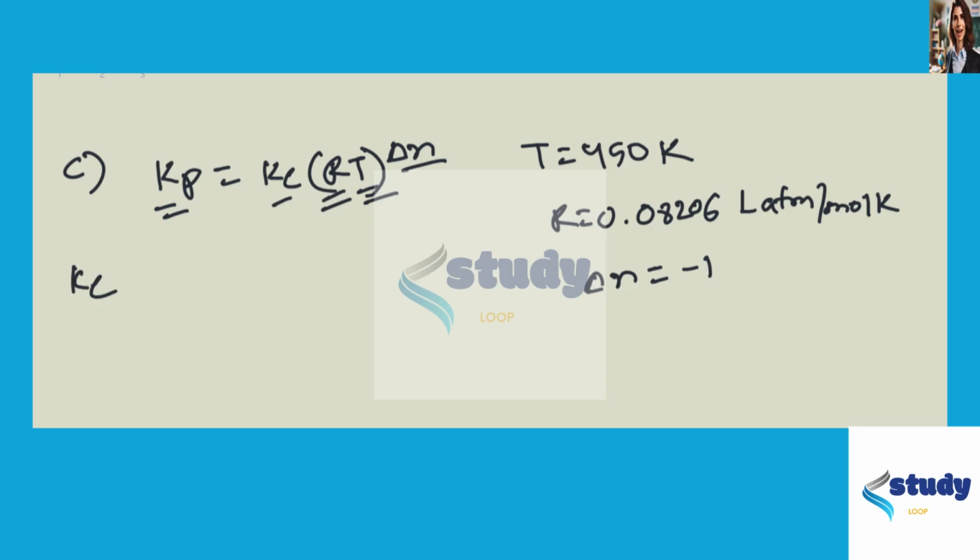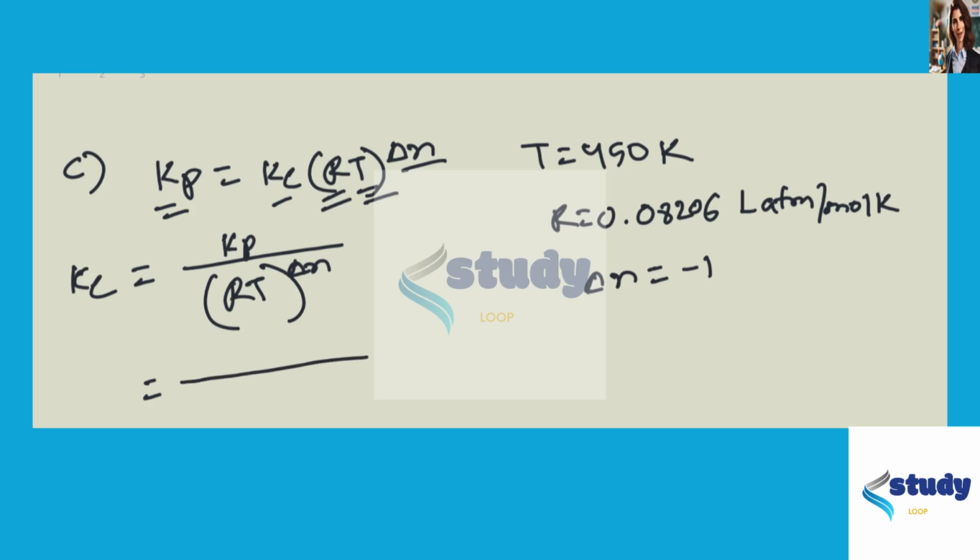Now if we rearrange this equation, we can find the value of Kc as Kp over (RT) to the power del N. The value of Kp is calculated as 66.776, and the value of R is 0.0821 times the temperature, which is 450 K. We have to remember that the temperature is always in Kelvin, so if it is given in degrees Celsius, we convert it to Kelvin by adding 273 to the Celsius value.